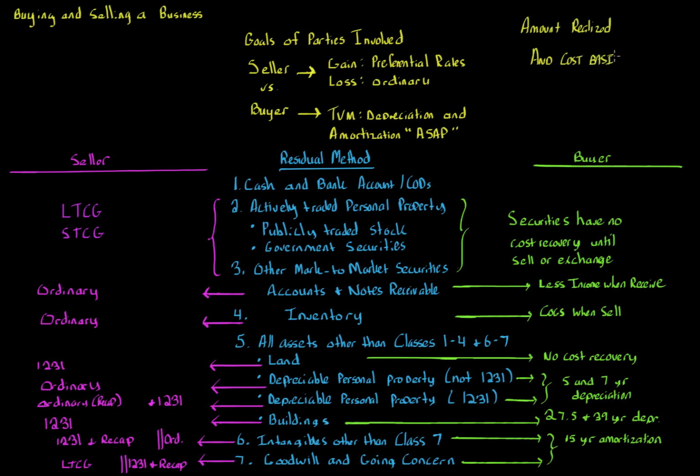So that's what this residual method is going to do. It's going to determine the amount realized for the seller with respect to each asset and cost basis for the buyer with respect to each asset. So it's the same approach.